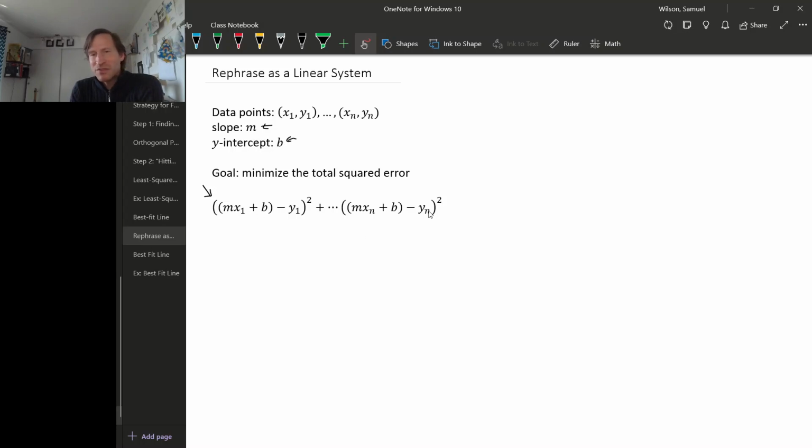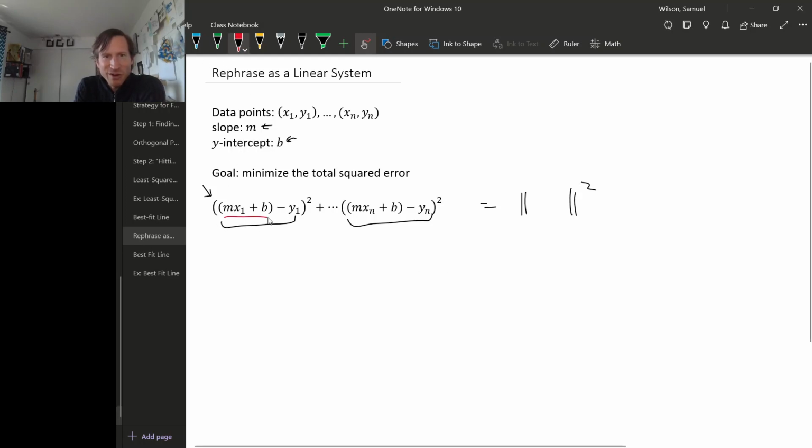Well, one way that a sum of squares shows up in linear algebra is as the square of a magnitude of a vector. But what vectors? The entries of the vectors would show up here. So what vector is it here that we're finding the square magnitude of? Well, it looks like there's two.